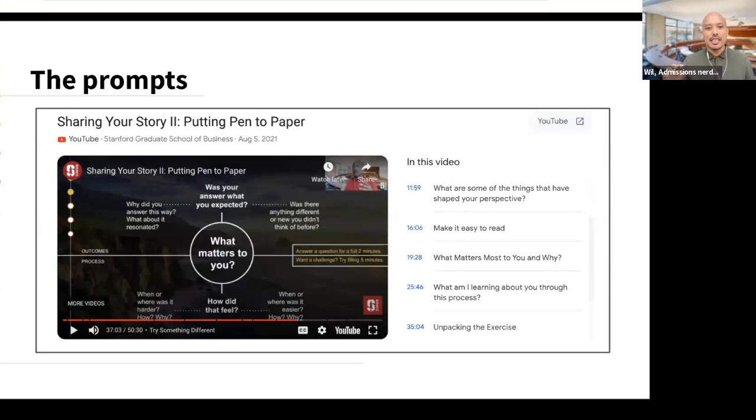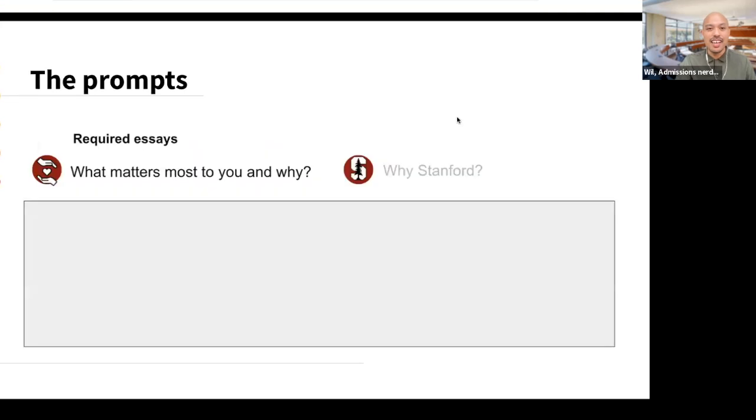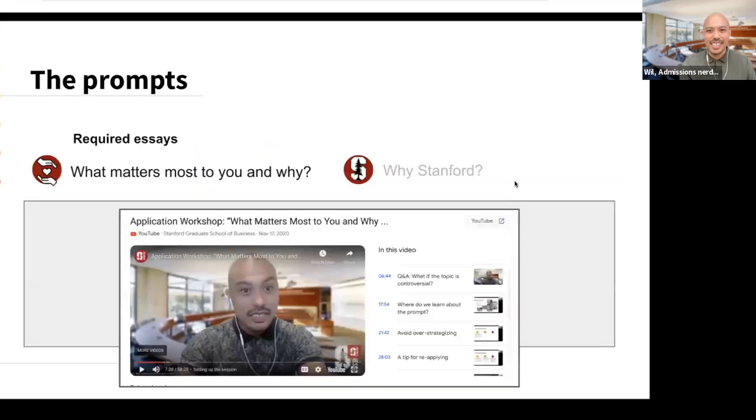And I think in processing the how and taking some of that meta approach to it, it might help you identify some new themes, opportunities, ways of working, ways of thinking that could come in handy beyond just the application process. I also do have a specific what matters most to you and why workshop that delves deeply into this one piece specifically.